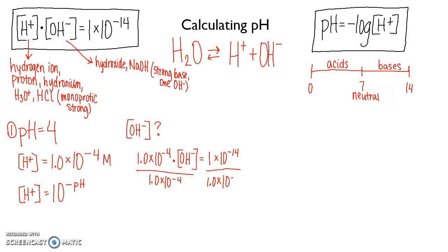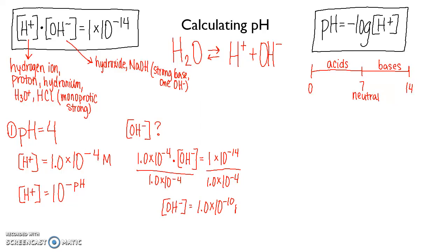If you know stuff about exponents, then you know you just subtract those two exponents. If you don't, that's fine. Just use your calculator instead and solve the problem. You should get that your hydroxide concentration is 1 times 10 to the negative 10.